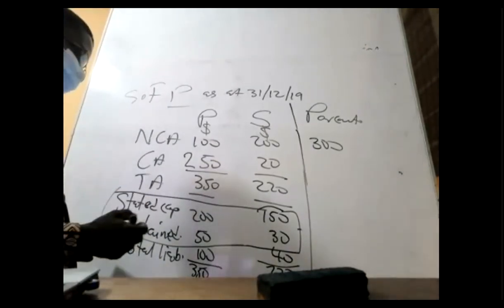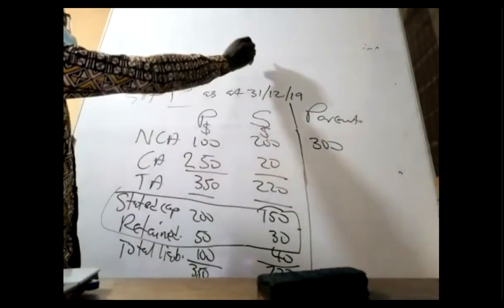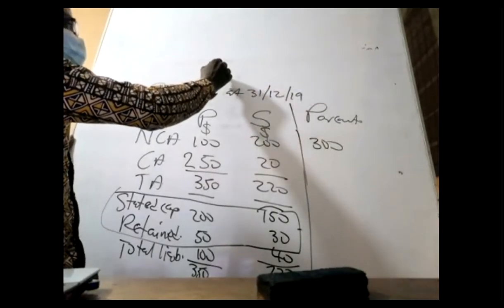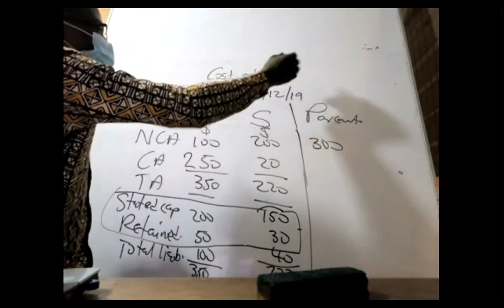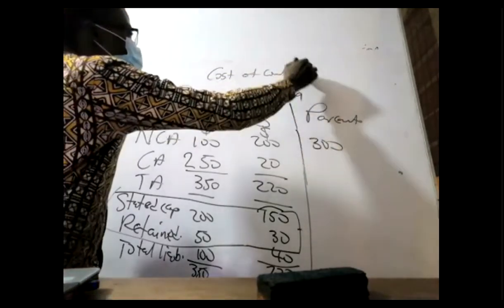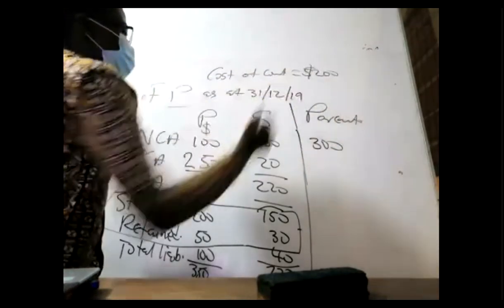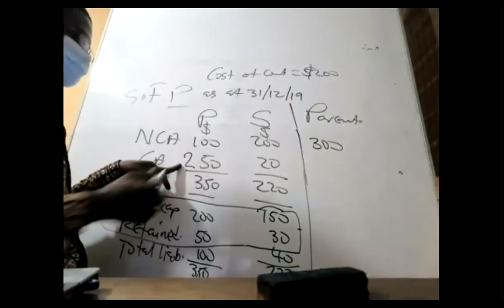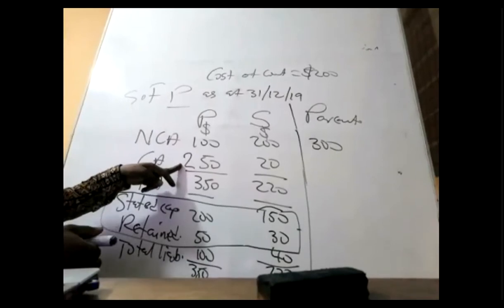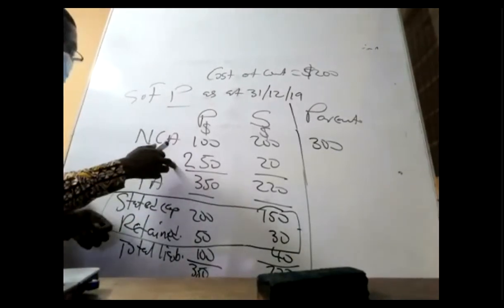Good. So what the parent paid is the cost of consideration. So cost of consideration is equal to 200. Now, what happened to the current asset? Well, the parent will have to draw cash or cheque from the current assets, right?